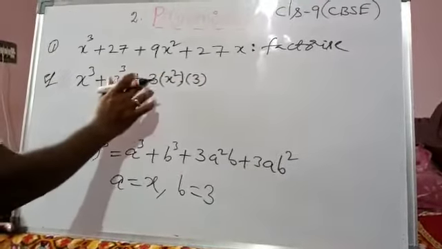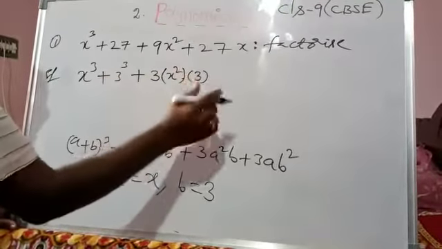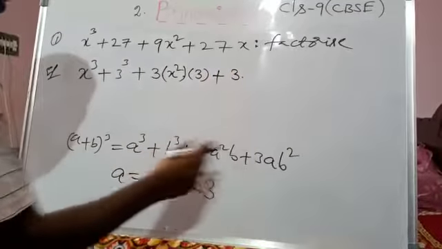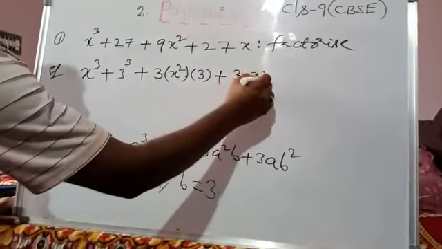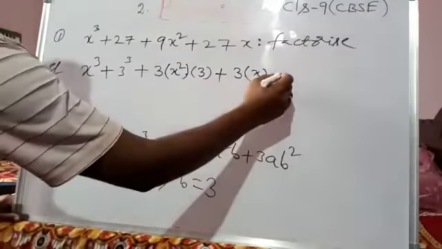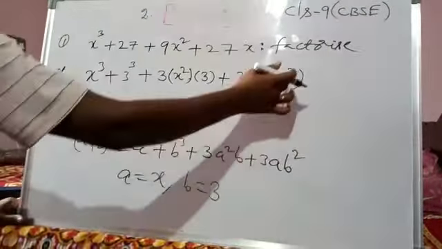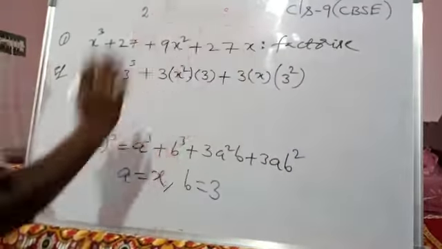Then this looks like 3ab square: 3 into a, which is x, into b square, which is 3 square. 3 square is 9, 9 threes are 27, so 27x, students.